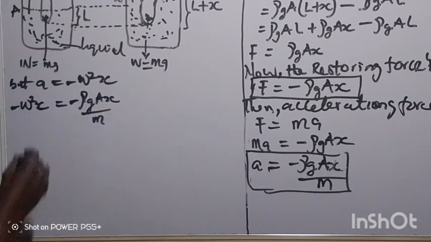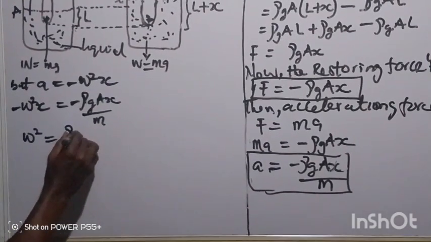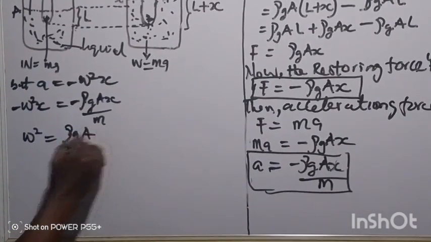So we are going to have omega squared will be equal to density G A over M.